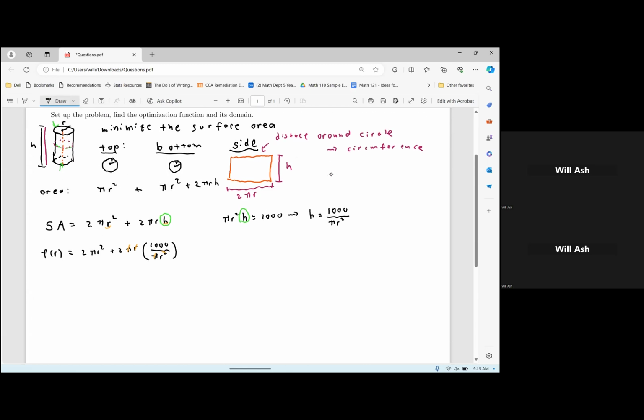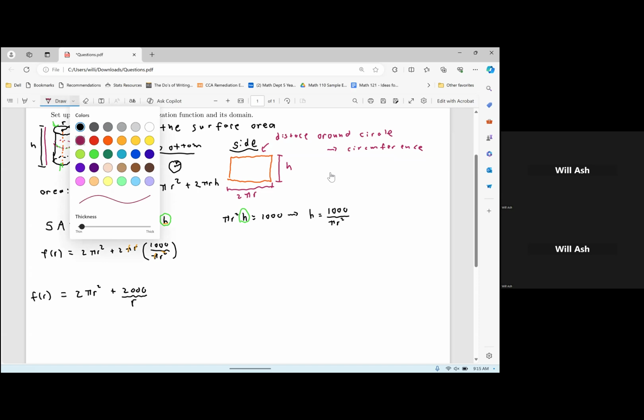I'm going to end up with 2 pi r squared plus 2,000 over r. Now there we have our objective function.